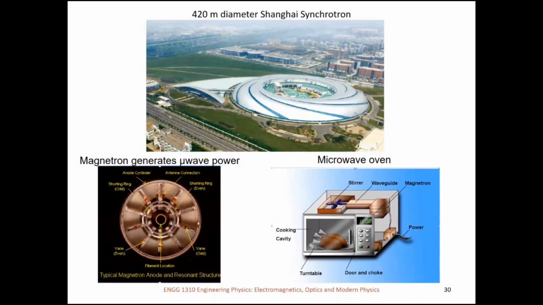Someone probably wants to ask, if we just want to accelerate the charged particle to a high speed, why don't we just use a huge tunnel, and then have an electric field to keep accelerating the particle, right?